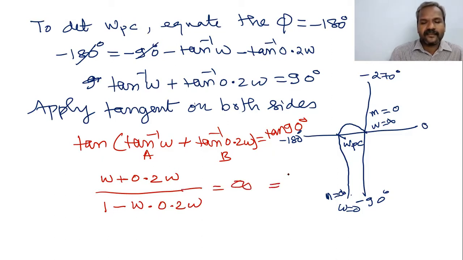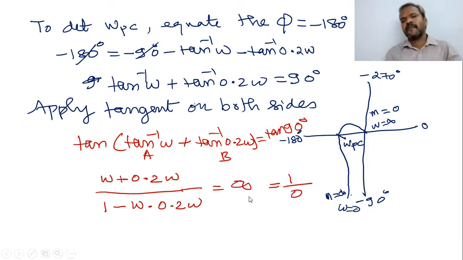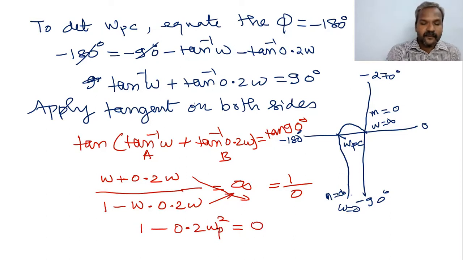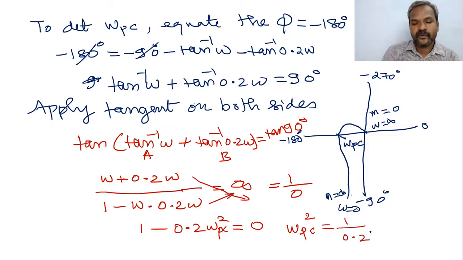So let us write this infinity as 1 by 0, since anything divided by 0 is infinity. Cross multiply these two, and we get 1 minus 0.2 omega square equal to 0. Replace omega by omega PC. So omega PC square equals 1 divided by 0.2, which is 5.